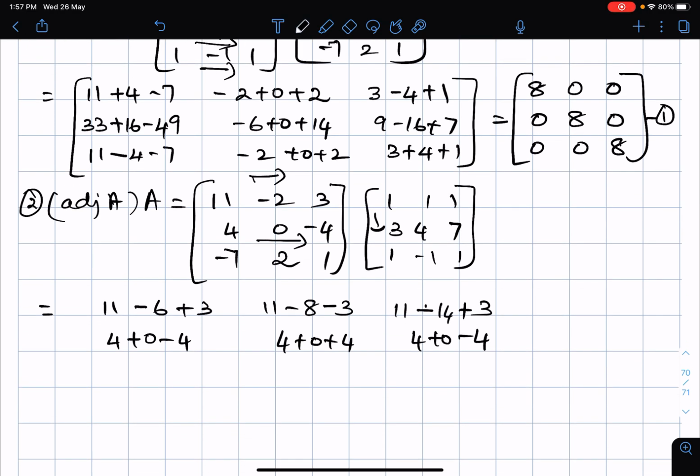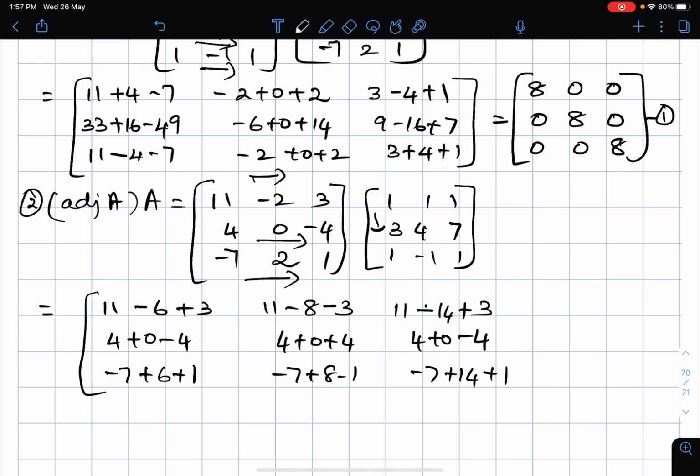Now coming to our third row, first column, minus 7 plus 6 plus 1, minus 7 plus 8 minus 1, and minus 7 plus 14 plus 1. From this also the same result you are going to get. As you add and subtract, you are getting 8, 0, 0, 0, 8, 0 and 0, 0, 8. So this is going to be our 2.